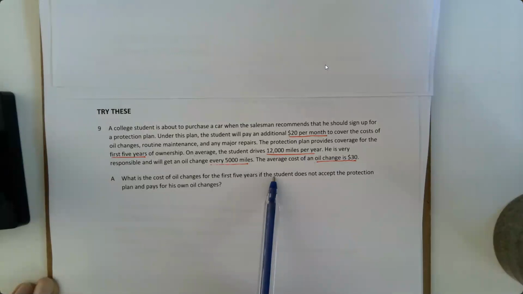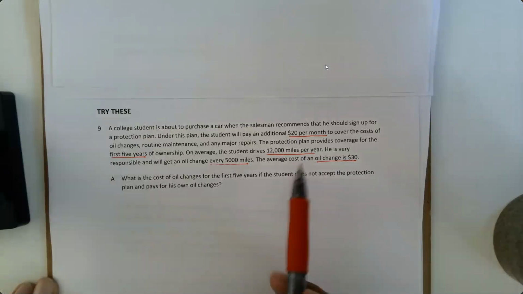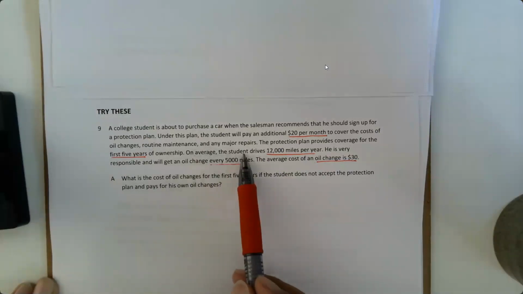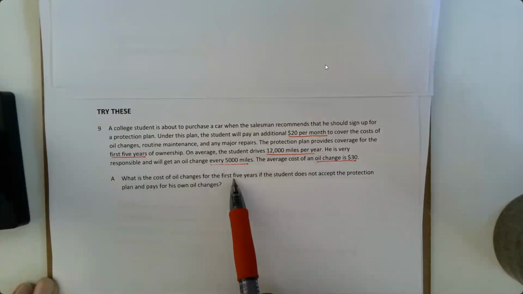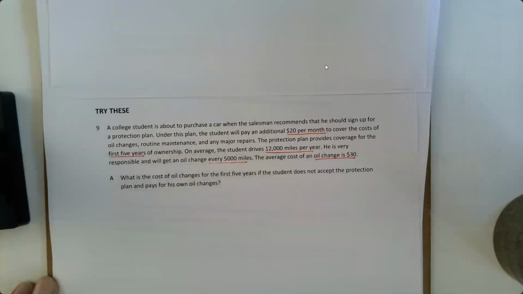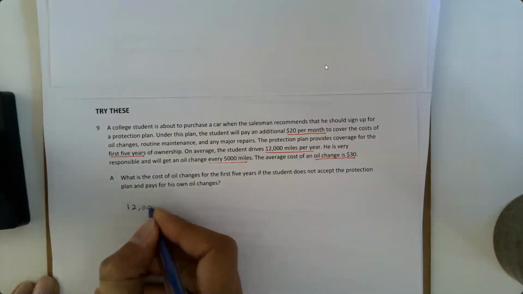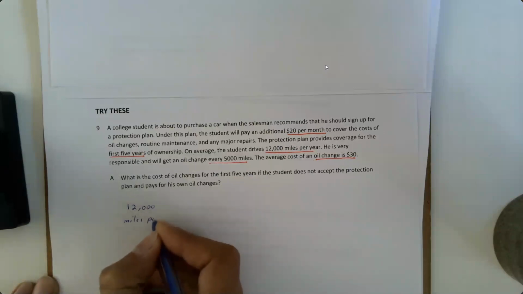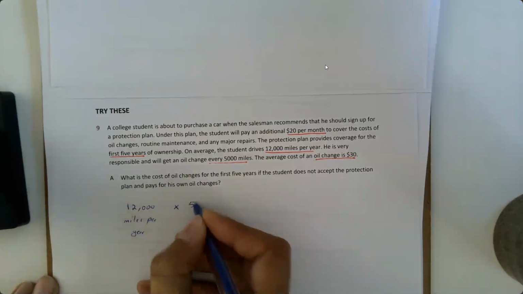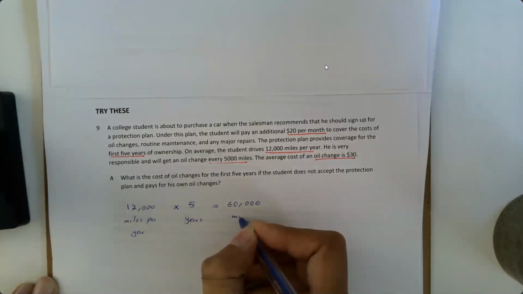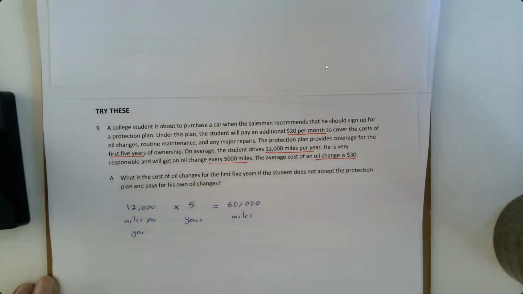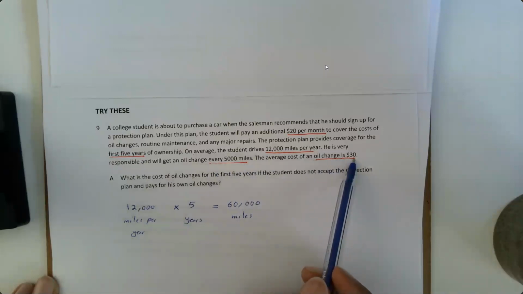So remember that the question says, on average, the student drives 12,000 miles per year. So we're going to have 12,000 miles per year times 5 years, which gives us 60,000 miles in total over 5 years. At the same time, what do we know? We know that after each 5,000 miles, the student has to pay $30.